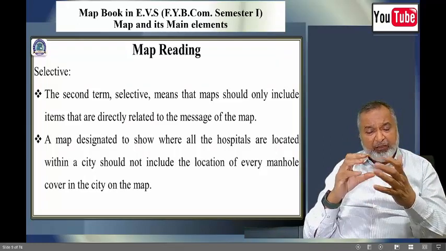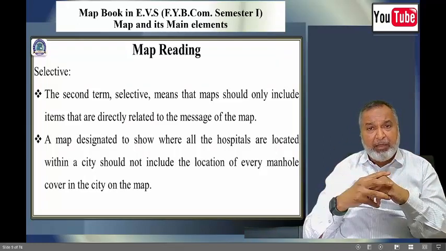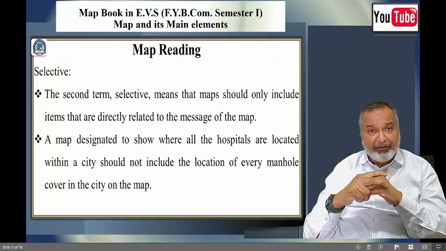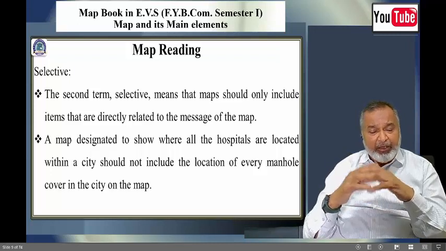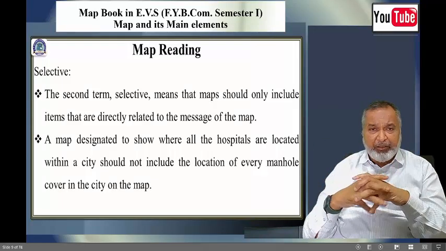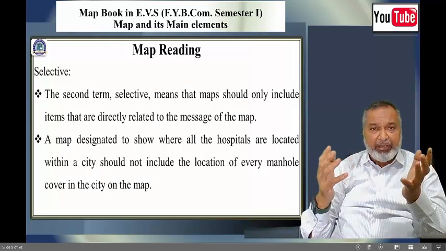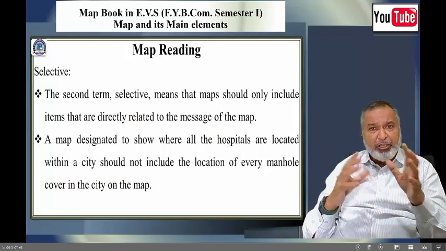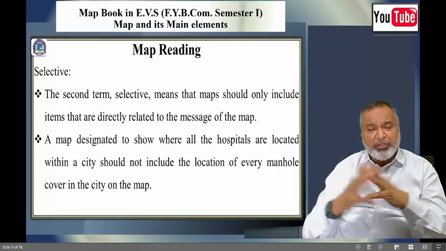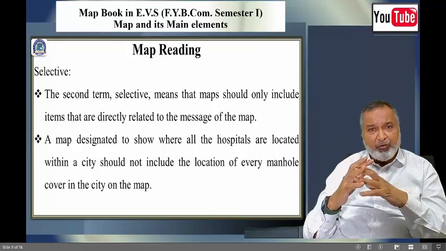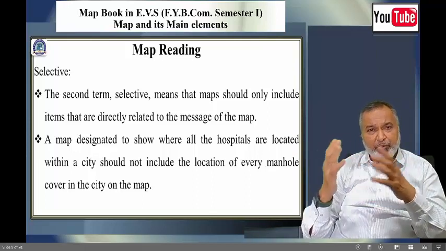What purpose? For example, we want to make a map for disaster management, because nowadays anything can happen, whether it is a man-made disaster or a natural disaster, depending upon the location, based on the zones which have been made for earthquakes, volcanoes, floods.